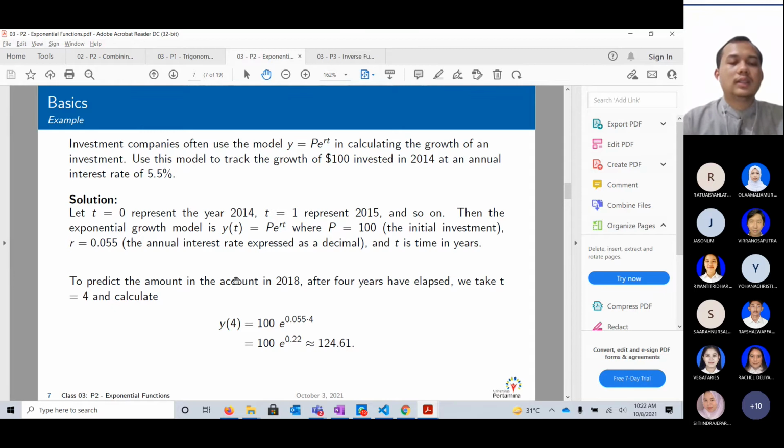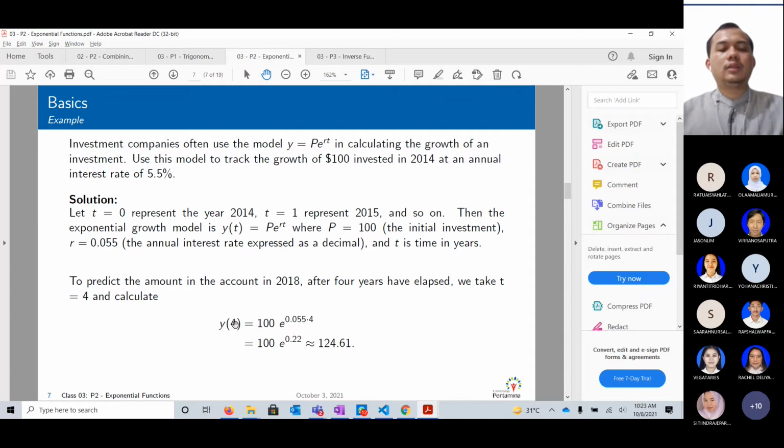So if we want to predict the amount of our investment in 2018, we need to see what the value of t is in that case. If in 2014 t is equal to 0, since there are 4 years of difference between 2014 and 2018, then we have t equals 4.